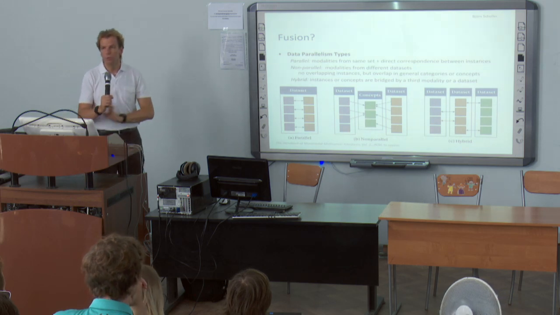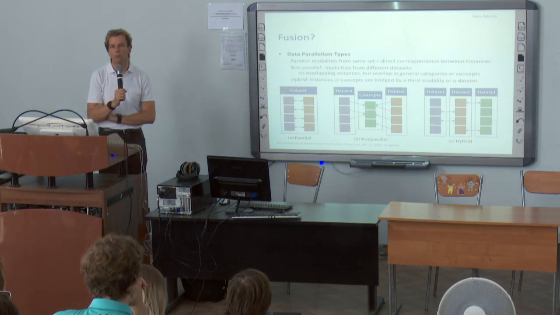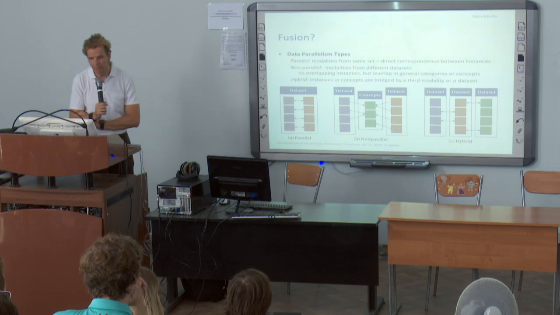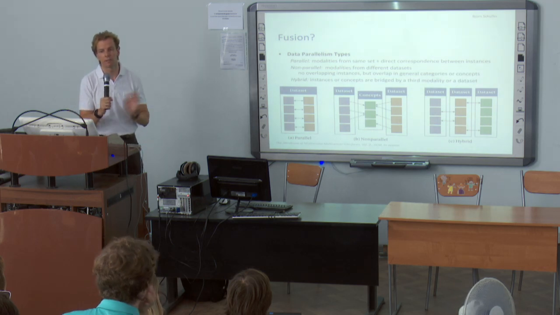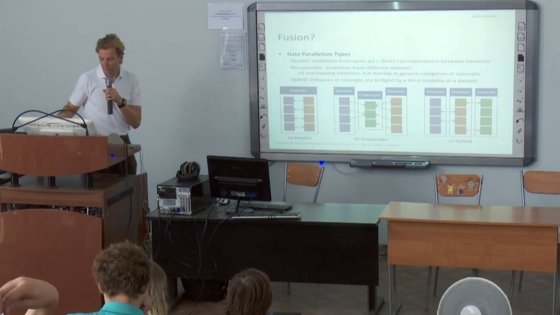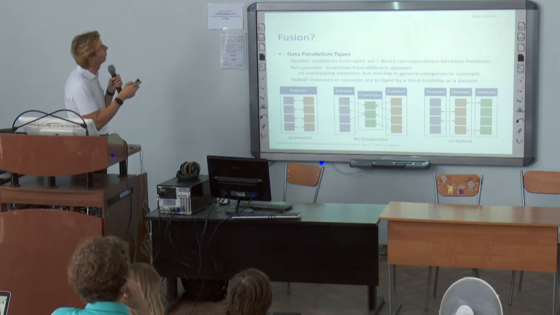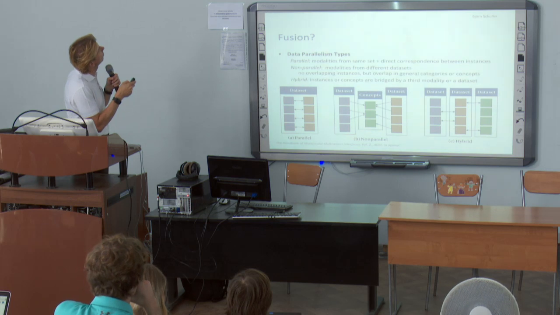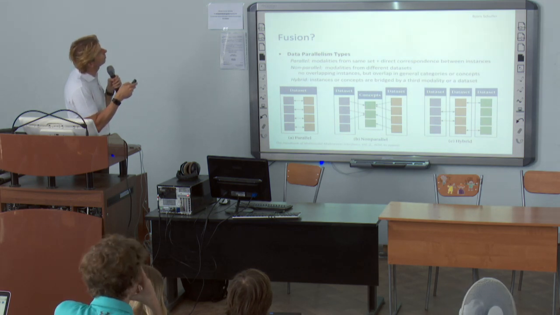Now another issue in multimodal interaction or multisensorial fusion is often the data. Do we have enough data collected that always has both modalities present or not? So you can say we have different types of data. The fully parallel one here is where you have modalities from the same set and direct correspondence between instances.